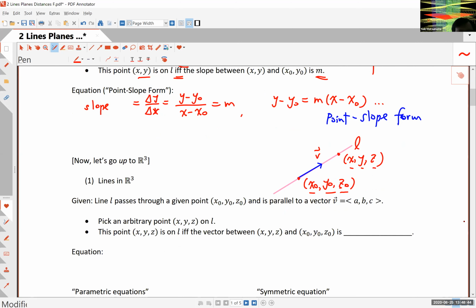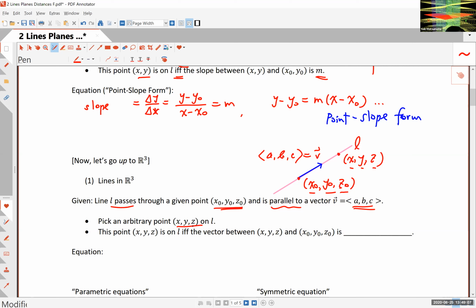All right, so here's what I'm saying. Given line L that passes through the point X naught, Y naught, Z naught, and it is parallel to, which means in the same direction of, or the opposite direction of, remember a scalar product, of ABC. So this vector V is the vector ABC. Pick an arbitrary point, we did that.